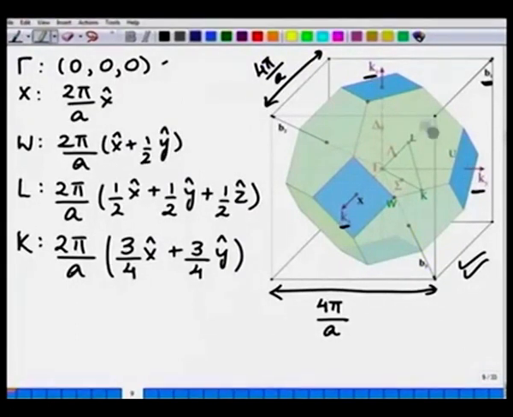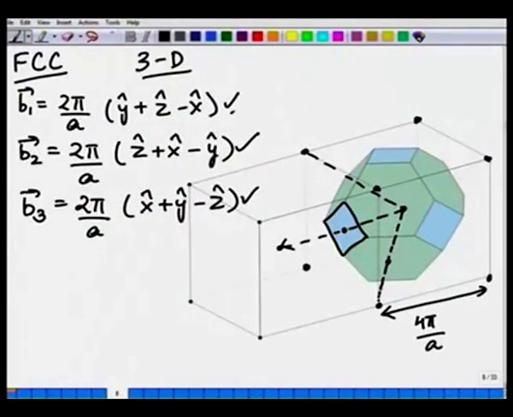If these are the x, y and z directions, then you can see the B1 vector, the B2 vector, the B3 vector. Let us do one of them. For the B2 vector, move half in the y direction, half in the z direction, and half in the minus x direction.